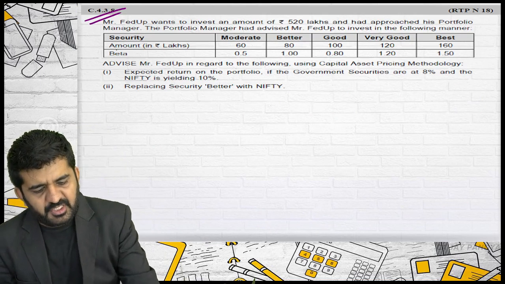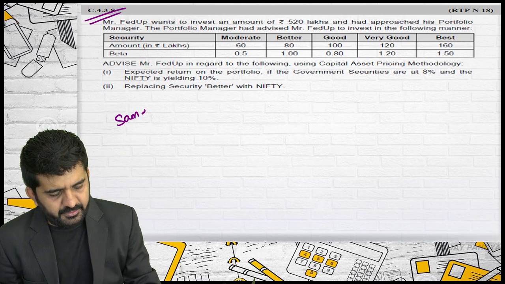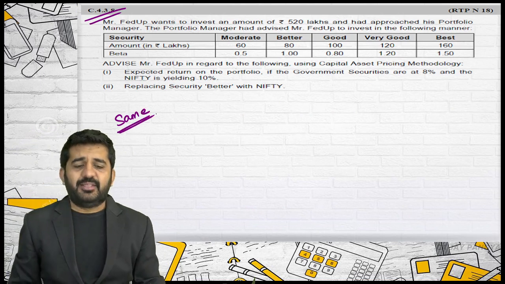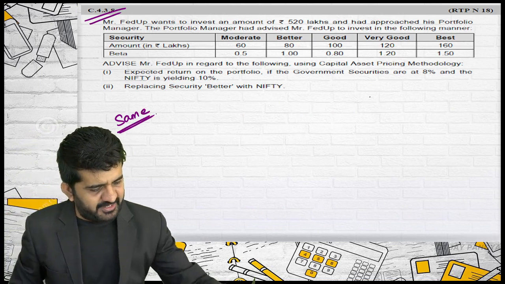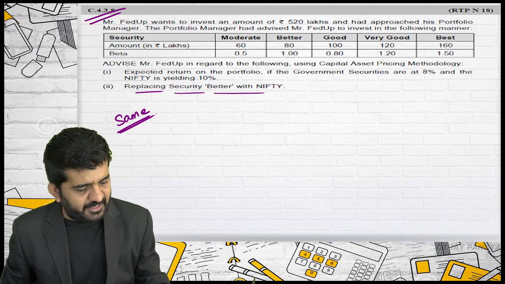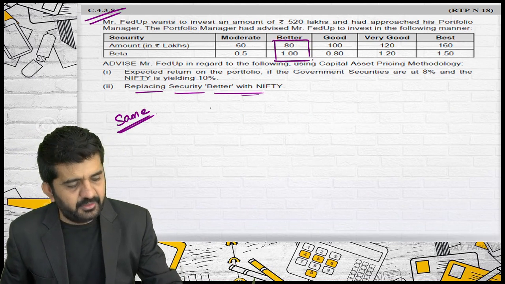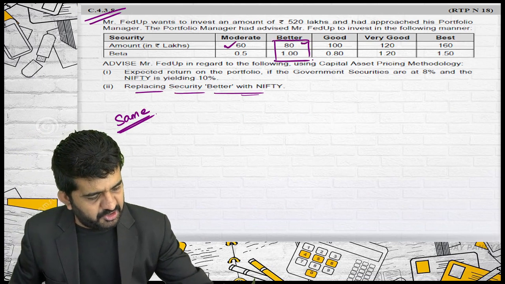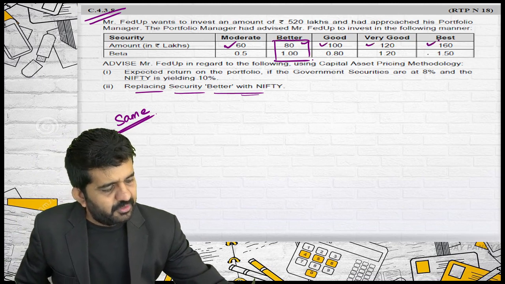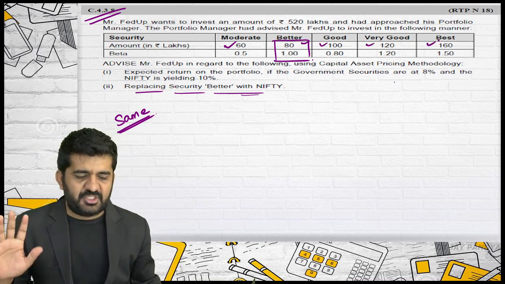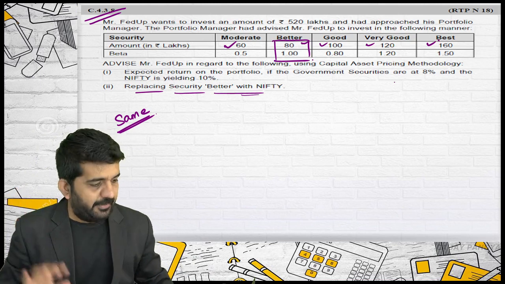Alright, see 4.3.8 is the same question. I think it was the first or second question, but it is exactly the same, replacing security beta with Nifty. Yes, the figures are changed, but that is absolutely alright. If figures are changed, the concept remains absolutely the same.